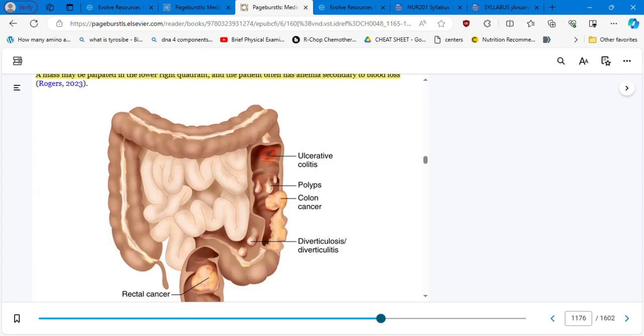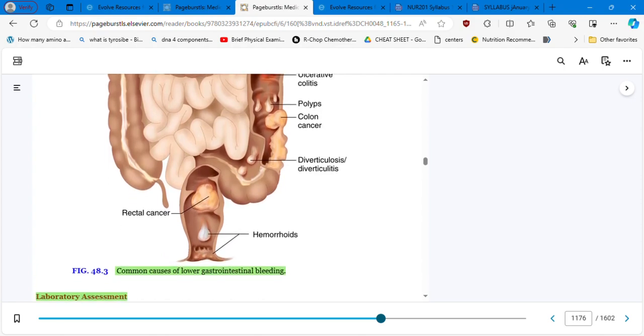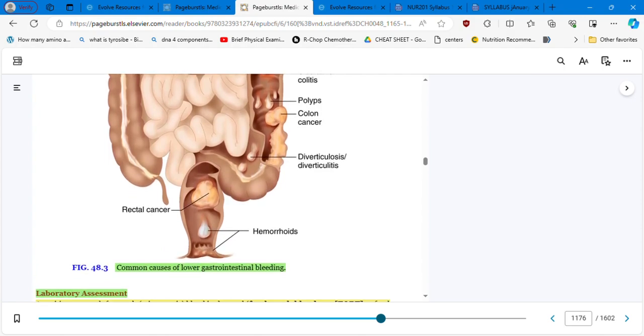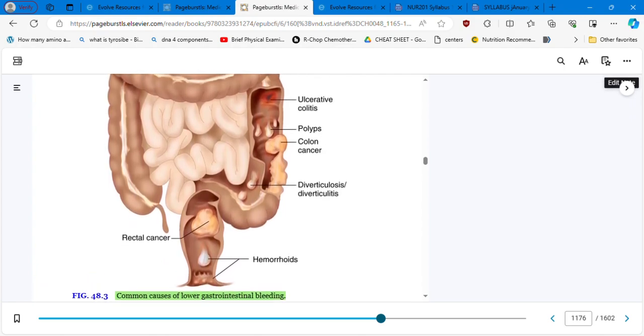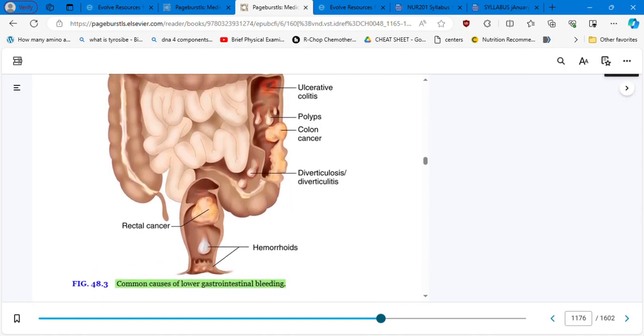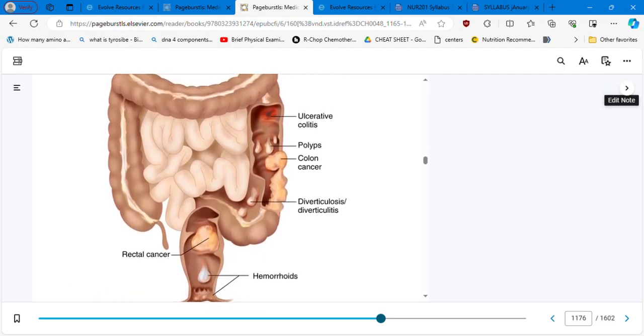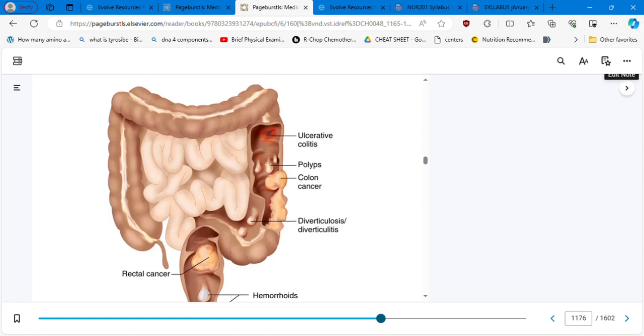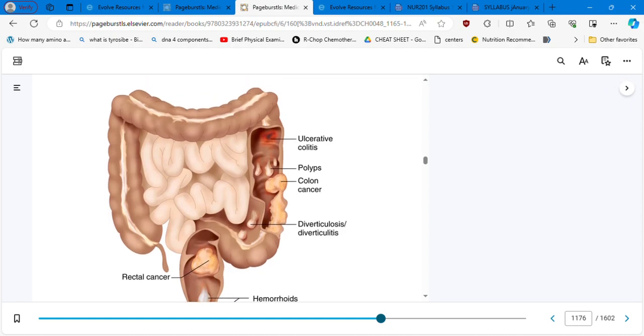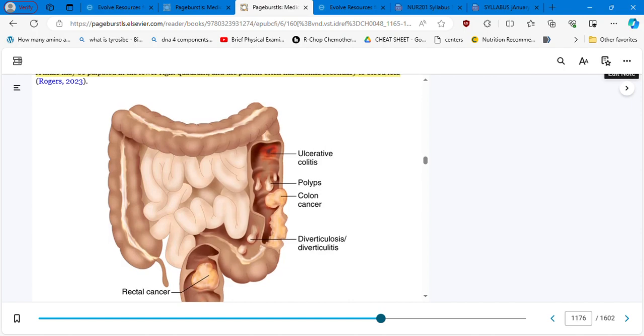Okay, so we can see these common causes of lower gastrointestinal bleeding. We see the hemorrhoids, the rectal cancer, diverticulosis or diverticulitis, which are little pouches, and we're going to talk about that later. Then we see the colon cancer. We see the polyps.